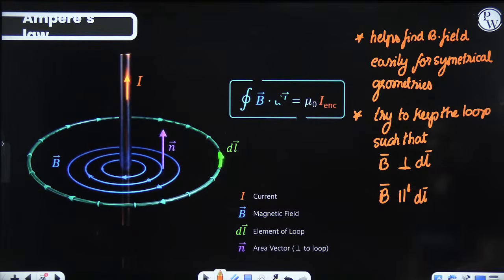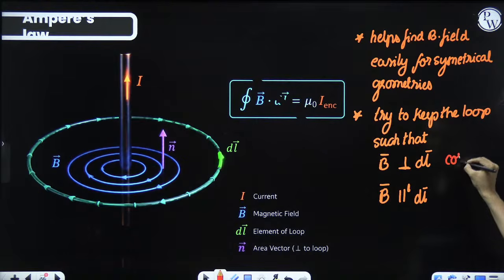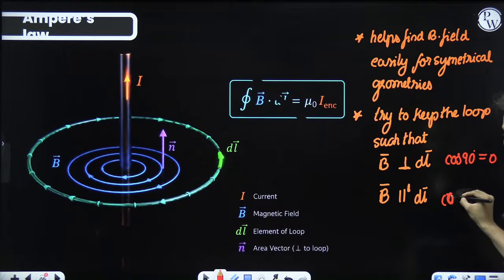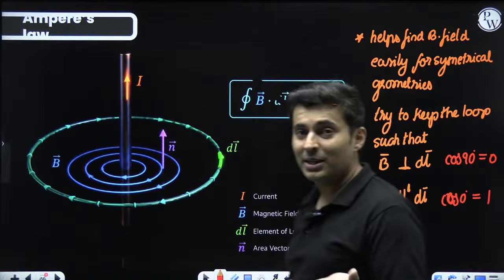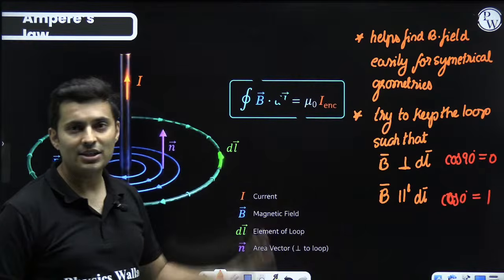Because when it is perpendicular, theta is 90, so cos 90 becomes 0, and B dot dl for that part will vanish.